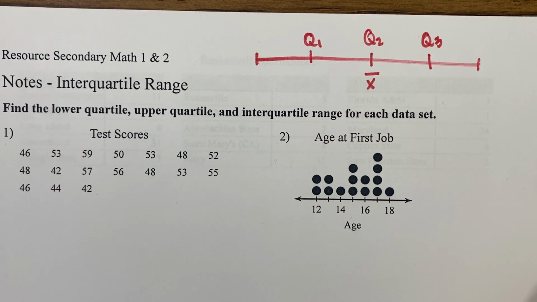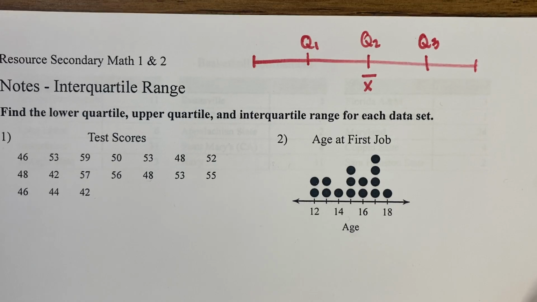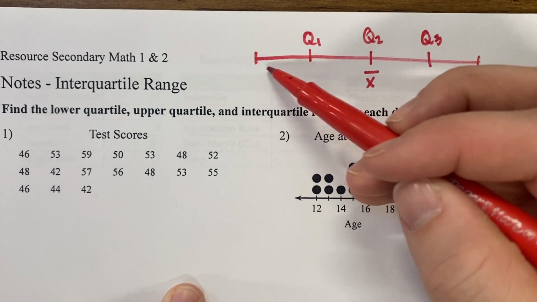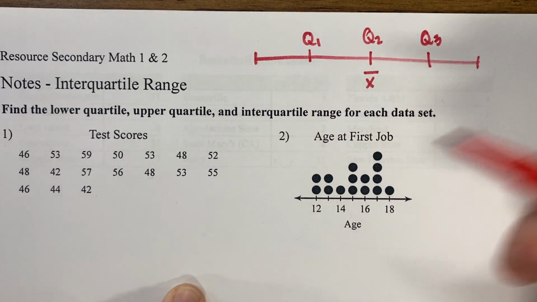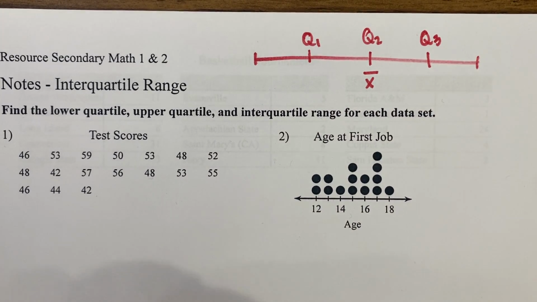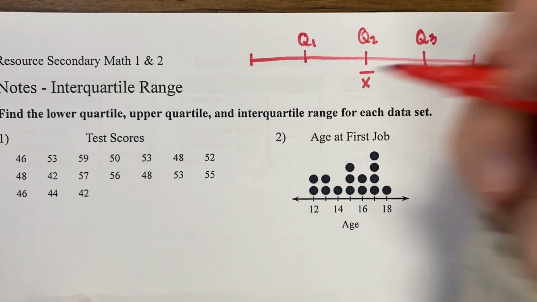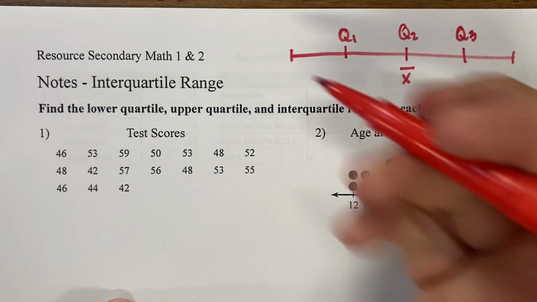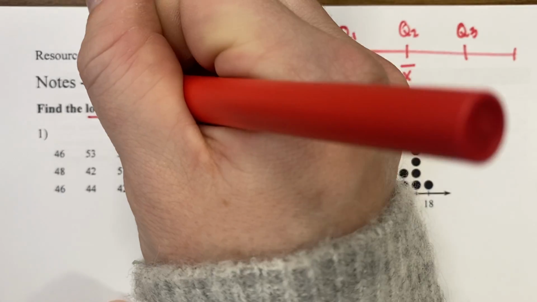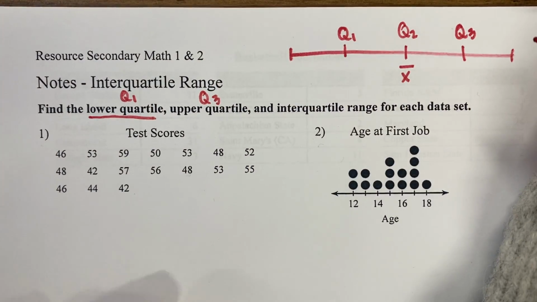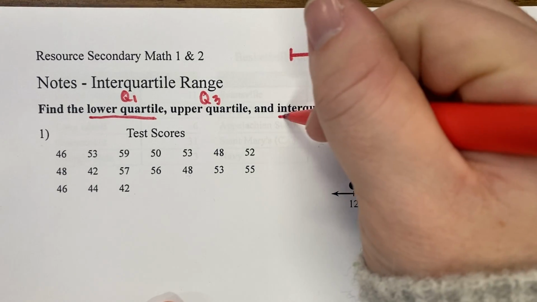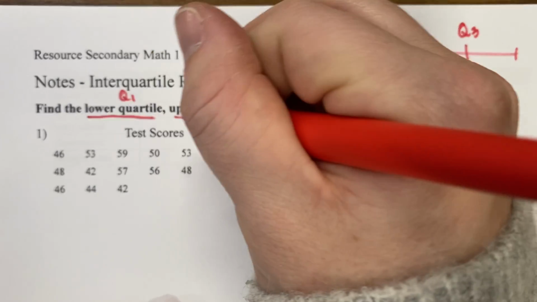That's our upper quartile. The reason they're called quartiles is because it's broken up into 4 pieces. 1, 2, 3, 4. Think quarters, right? 4 pieces. So we're going to learn how to find the lower quartile, which is Q1, the upper quartile, which is Q3, and the interquartile range.